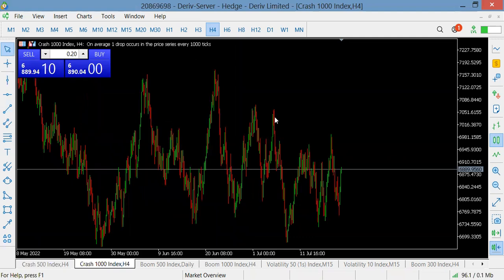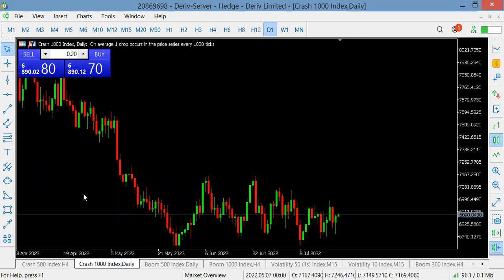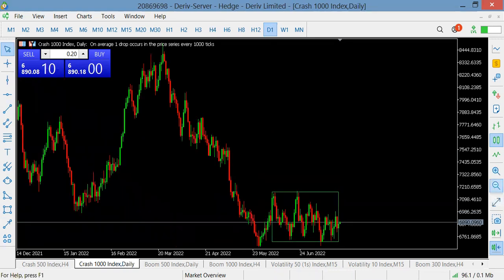But right now, if you look closely on the daily time frame, you get to see that Crash 1000 is moving sideways. It is ranging at the moment. For us to know where price will be heading in a very full momentum, or for us to see an overall change in trend or continuation in trend, this zone must be broken.